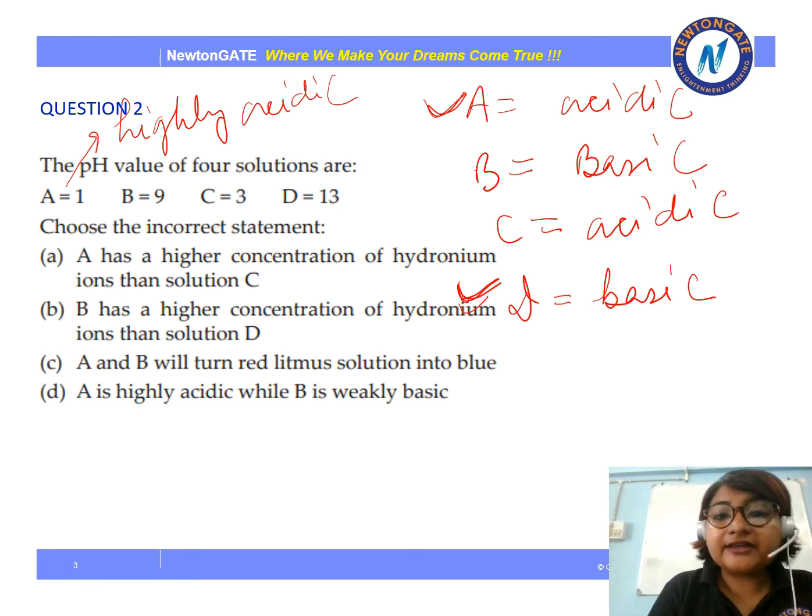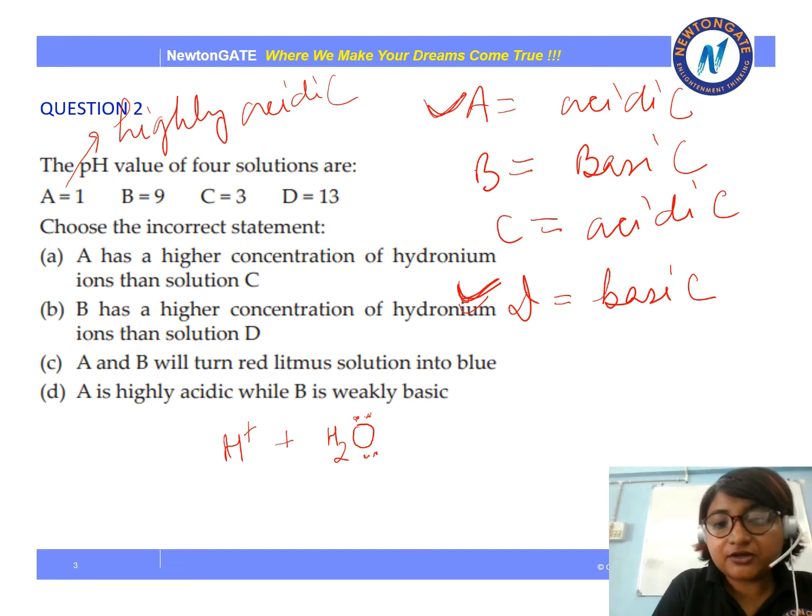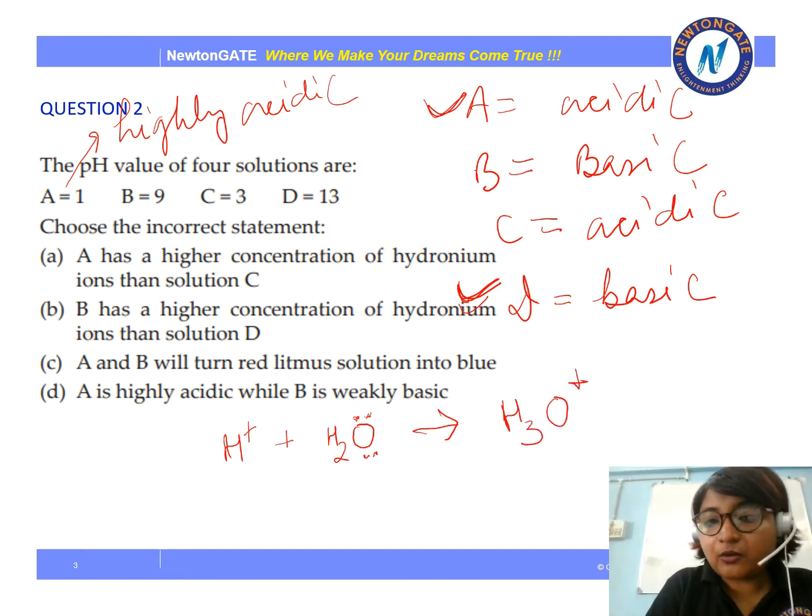A has higher concentration of hydronium ions than solution C. Students, you know that acids give you H plus ions, right? And they react with H2O molecules. There are 2 lone pairs of oxygen present in water molecules. So H plus reacts with one of the lone pairs of the water molecule to form a coordinate covalent bond, forming H3O plus ion.